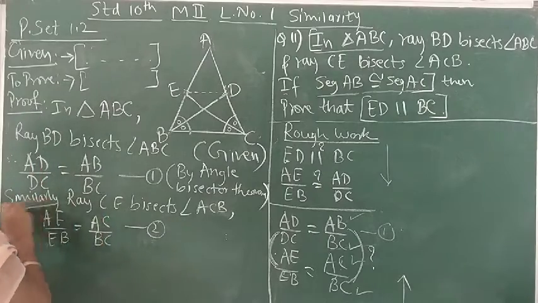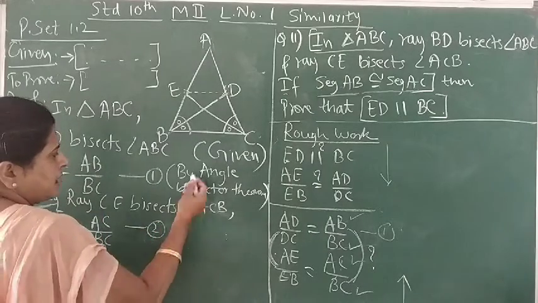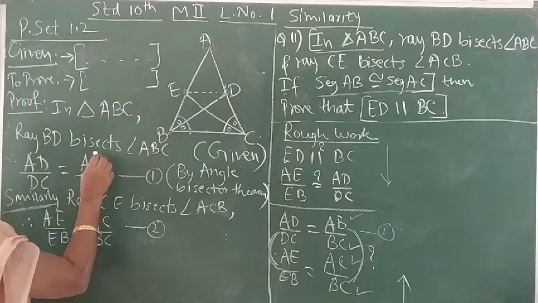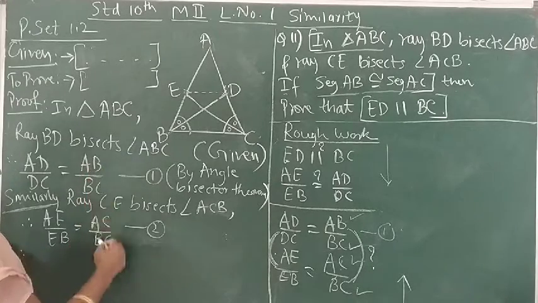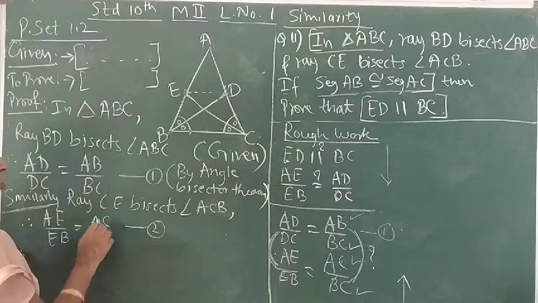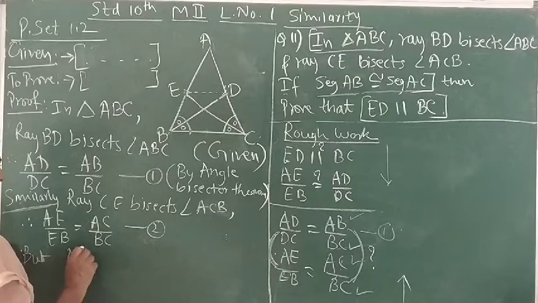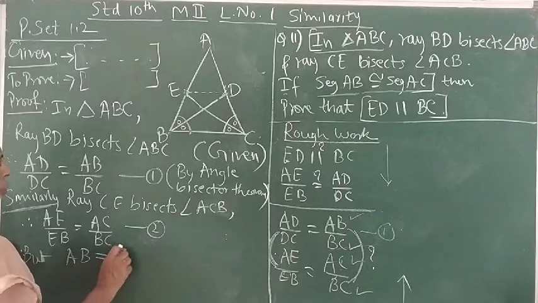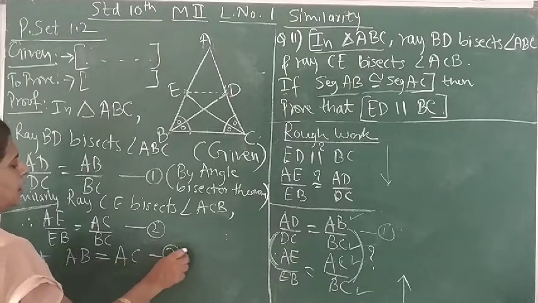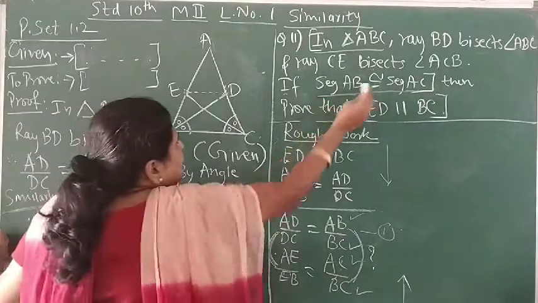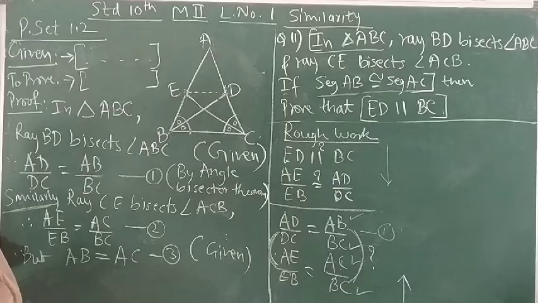Similarly we have written, so no need to write angle bisector theorem again. Now we have to show these right side two ratios are equal. That we can show as AB and AC are equal. But AB is equal to AC. Statement number 3. It's given. It's in the given part that these two segments are congruent, their lengths are equal.